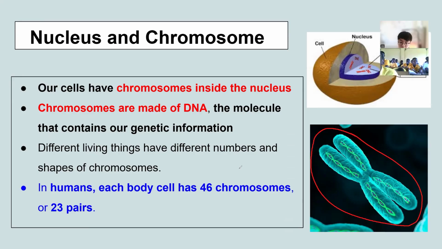Different living things have different numbers and shapes of chromosomes. But humans, like all of us, have 46 chromosomes. Humans have 46, or 23 pairs. So we have 46 of these X-shaped chromosomes, and each chromosome is made up of DNA.